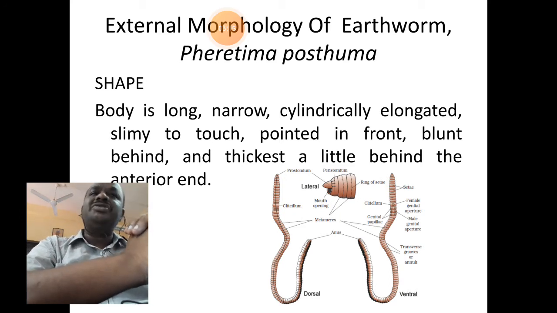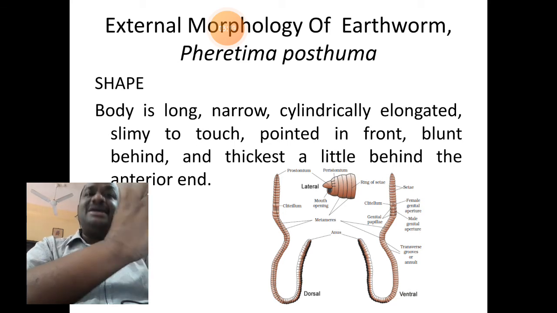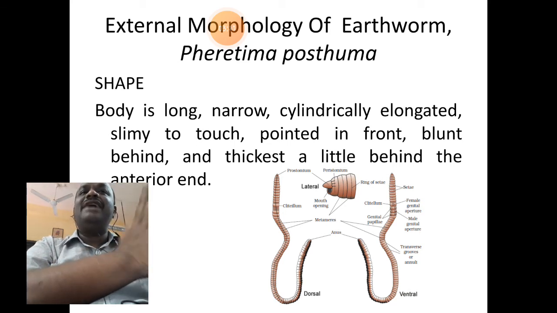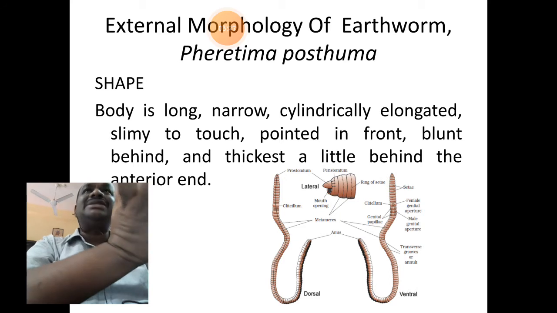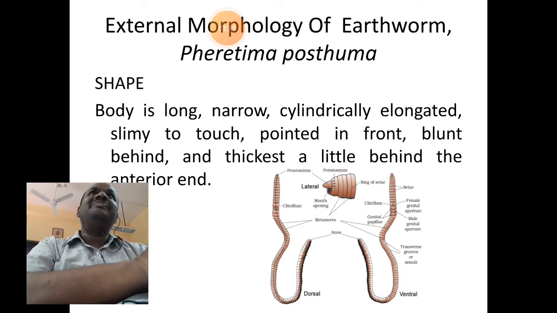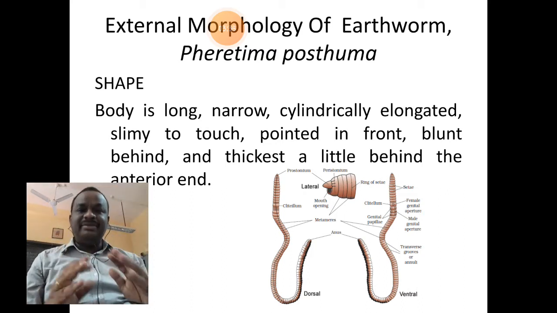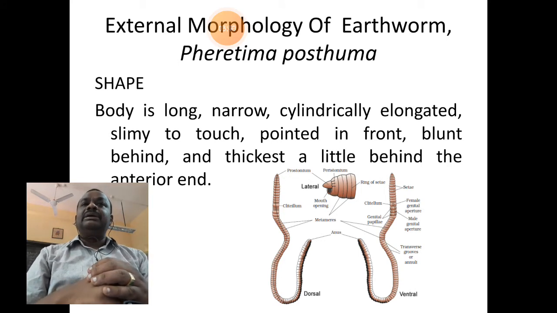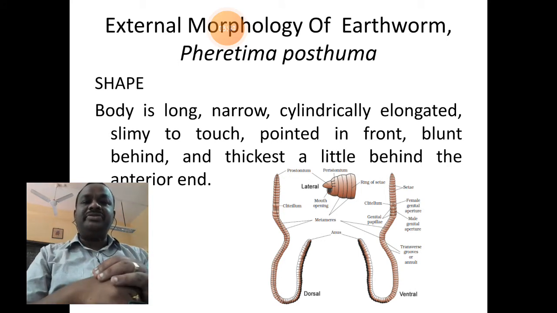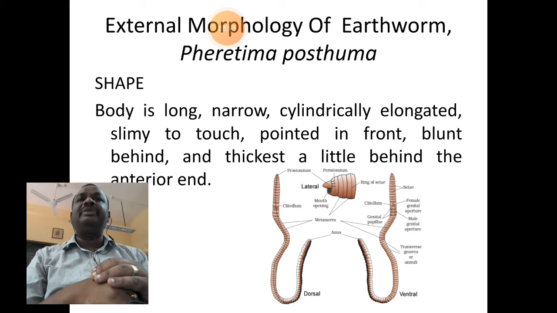The first feature is its shape, then follows its color, then follows its structural features. Likewise, one by one we will consider the features of appearance of the organism here. Let us start with the first feature, that is the shape.